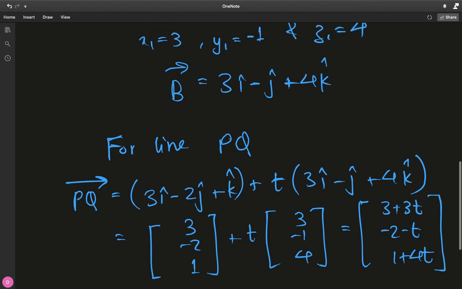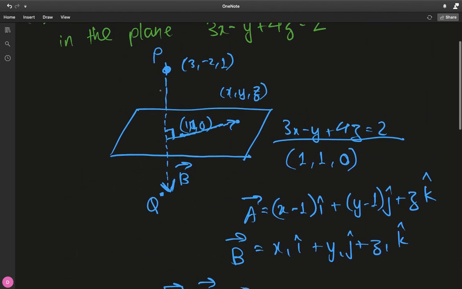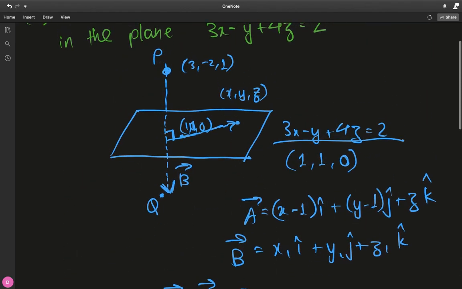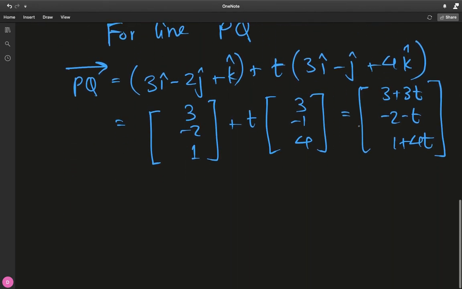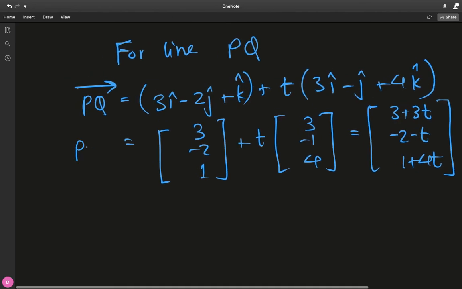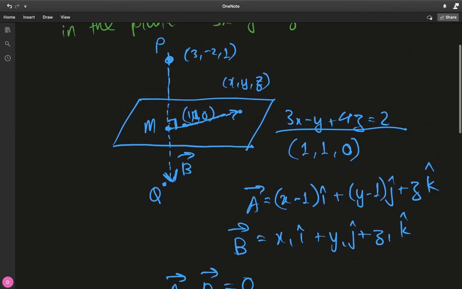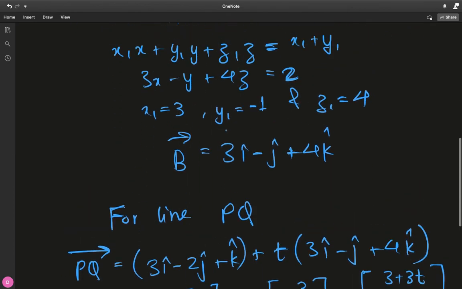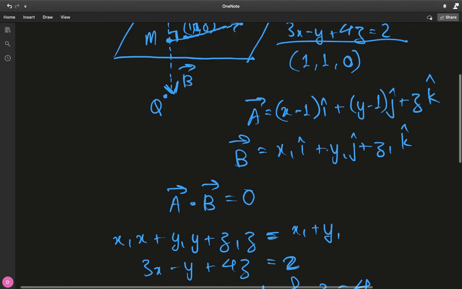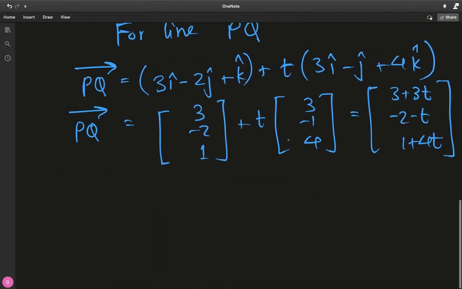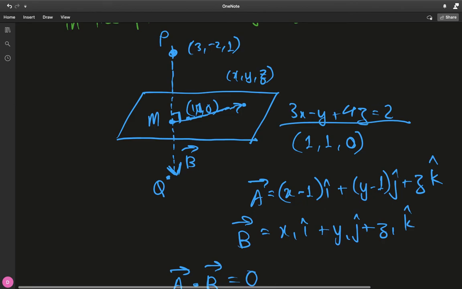And now we need to find this point that is directly below P but on the plane. Call this M. So we need to let this parameterized line PQ satisfy the equation of the plane, because that's the only way we'll find M, because M lies at the intersection of line PQ and the plane. So we need to plug in this PQ in place of XYZ in the equation of the plane.